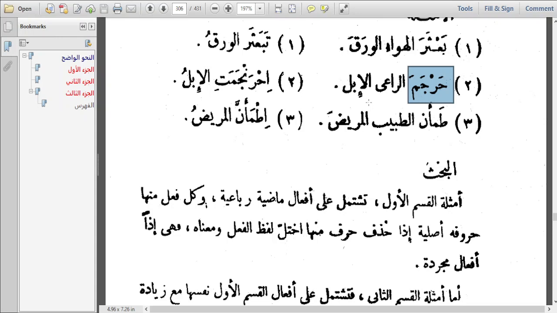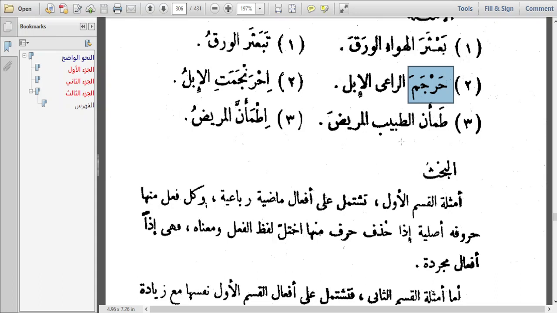Harjama means jama'a, to gather. The ra'i is the shepherd. So the shepherd gathered the camels. And then we have ihranjama al-ibilu, the camels gathered. Ihranjama is like ijtama'at. The camels gathered.